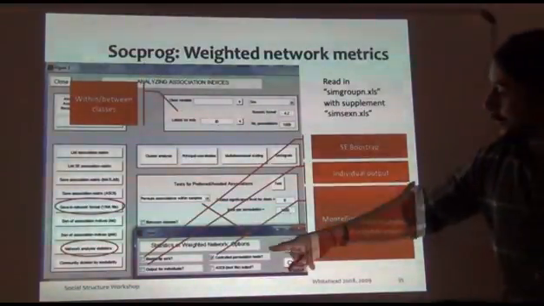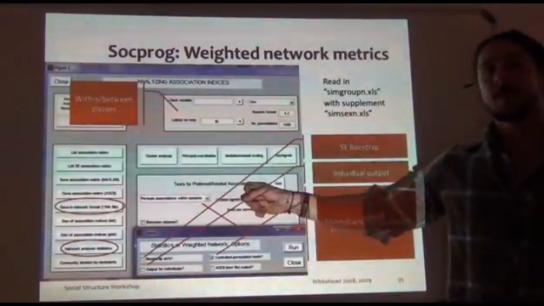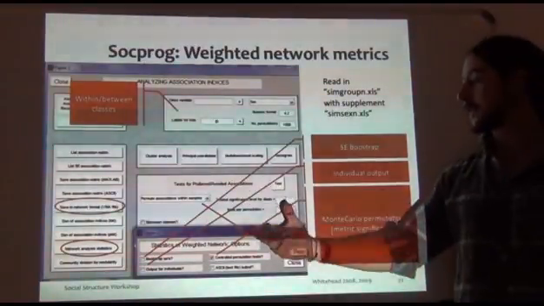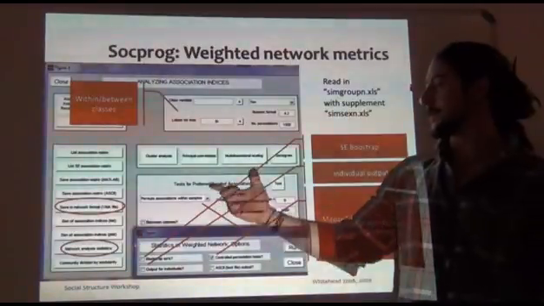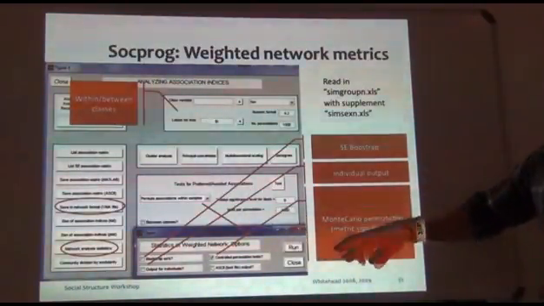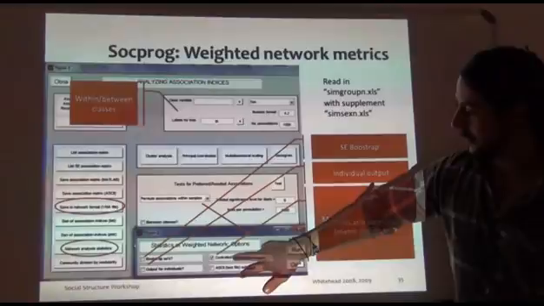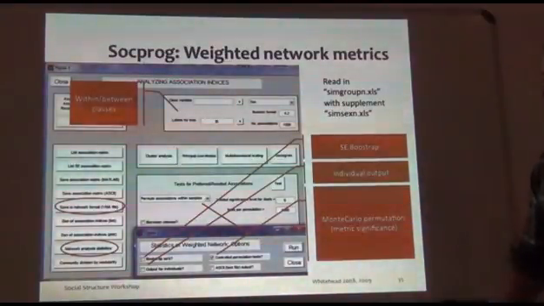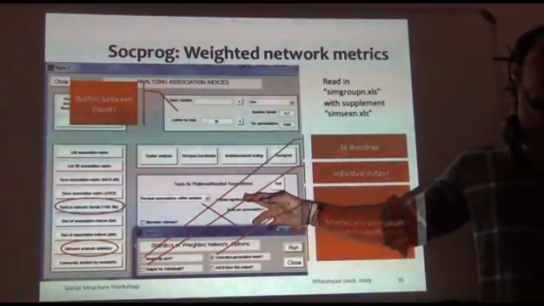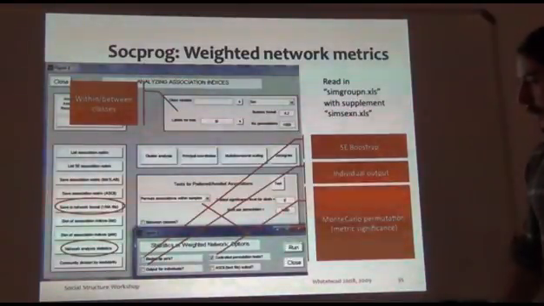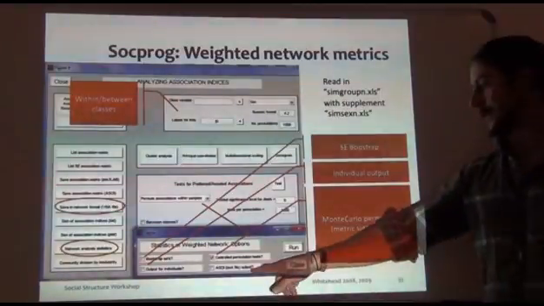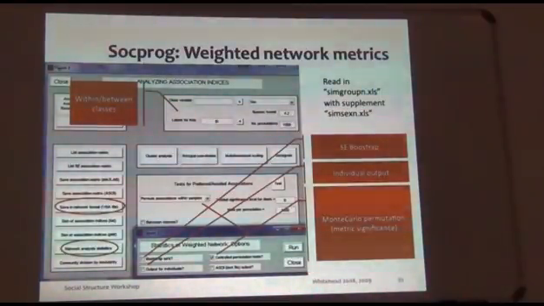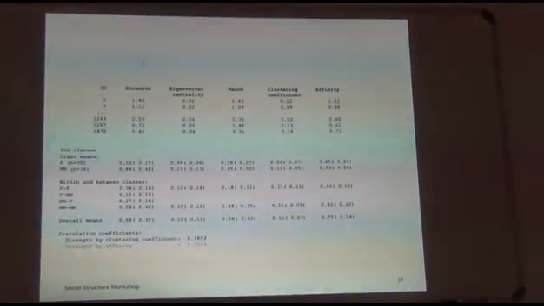Or if you run the permutation test first, you could also use those random matrices to create standard errors for your network metrics. So essentially, you're running a new model here for networks. You can have the output for each individual or not. You can have it exported in a text file or not. And you're going to see the output would be something like this.